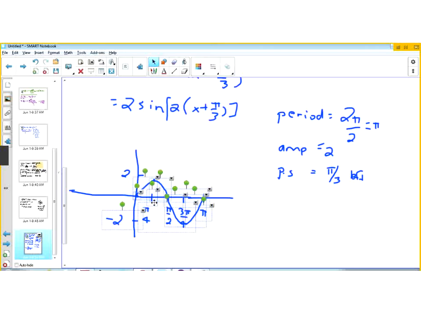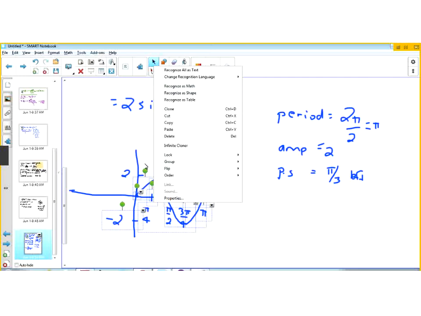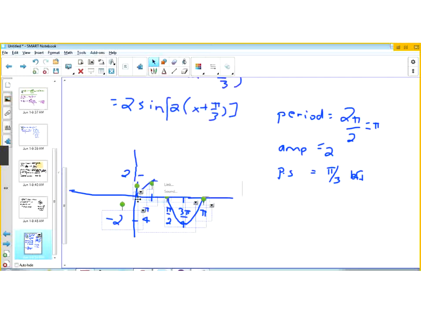So we take this curve and shift it to the left pi thirds.